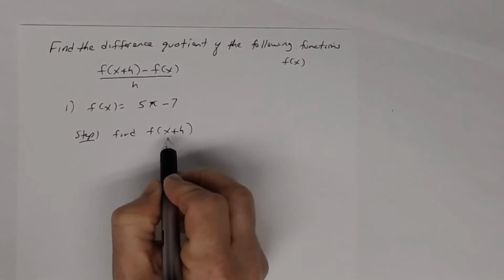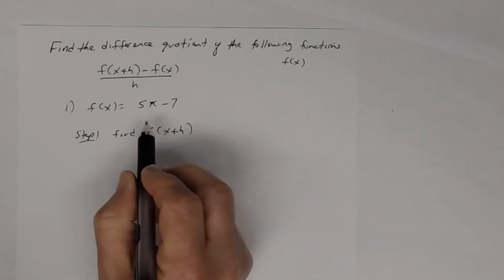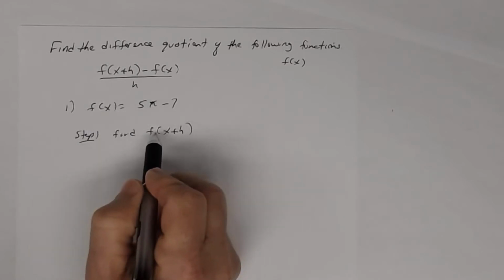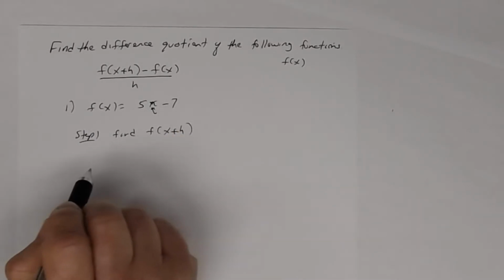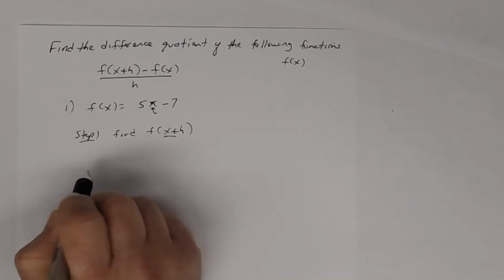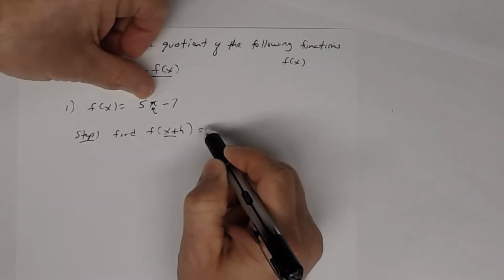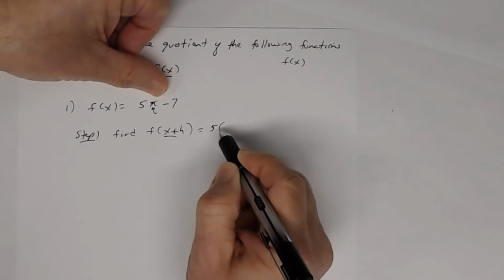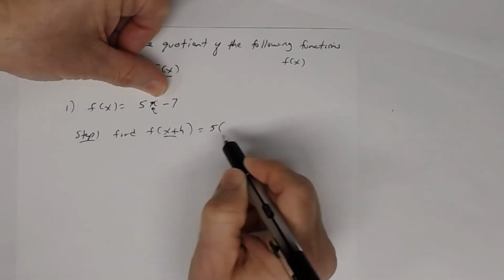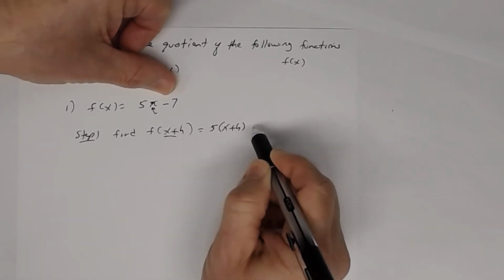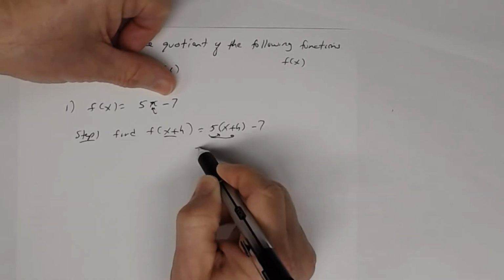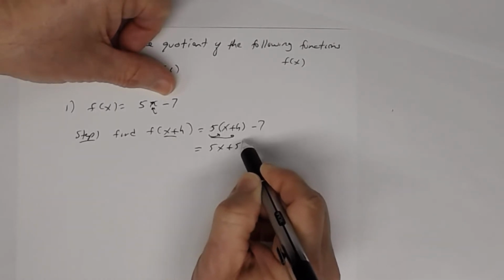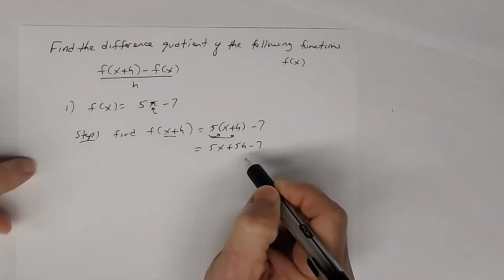Remember, to find f of x plus h, I go to my function f, and wherever I see the variable, I only see it here, I substitute x plus h. So I get 5 times, in place of x, I'm going to substitute x plus h, and then minus 7. And then let's distribute, get rid of the parentheses. I get 5x plus 5h minus 7. So that's your step one.